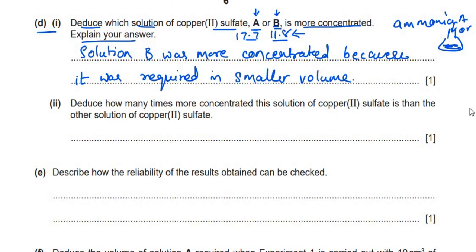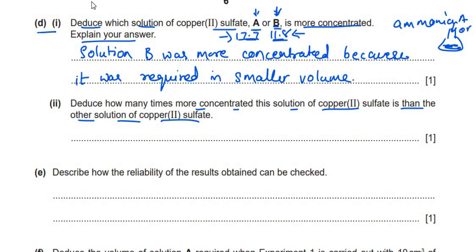Deduce how many times more concentrated this solution of copper 2 sulfate is than the other solution of copper sulfate. Now if we look at both the readings again, 17.7 and 11.8, if solution B is double the concentration of A, then exactly half the volume of A should be required.